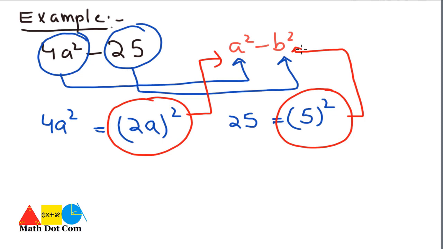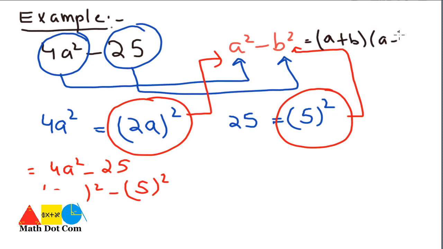We are given 4a square minus 25, and we replace it with the square form as (2a) whole square minus 5 square. Now, as we know, this identity equals a plus b and a minus b. So we can write our example in the same form: here a is 2a and b is 5.